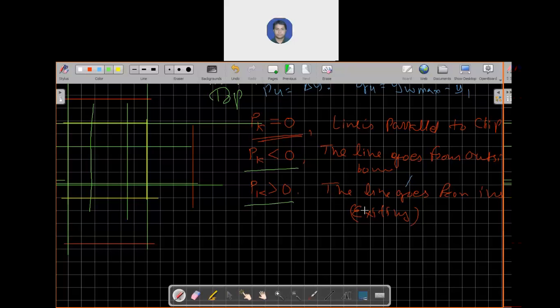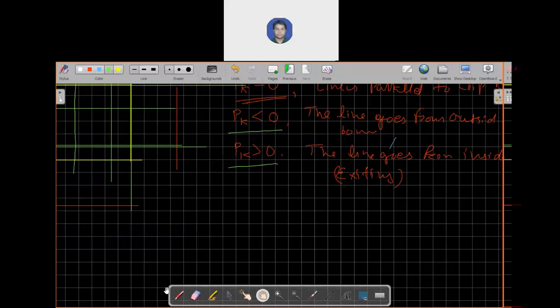Again I'm writing some points. The first point is clear. The second point is: pk is less than 0, the second condition, if you are entering into your clip window. Then the value of t you will find as the maximum of 0 or qk by pk.